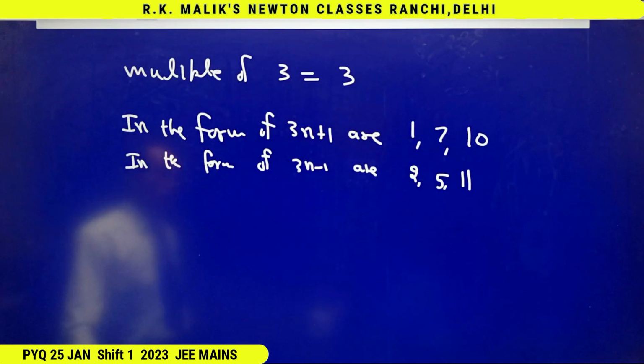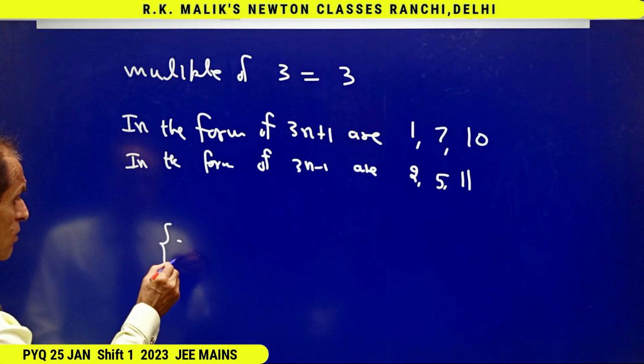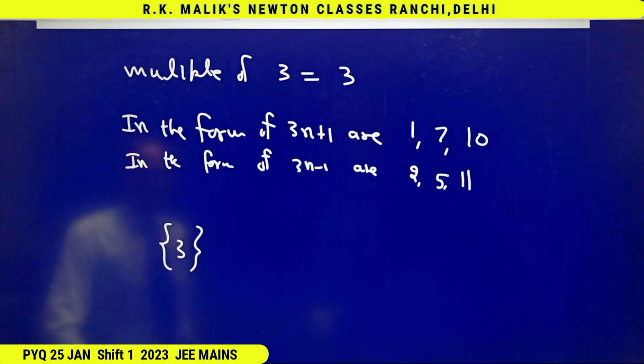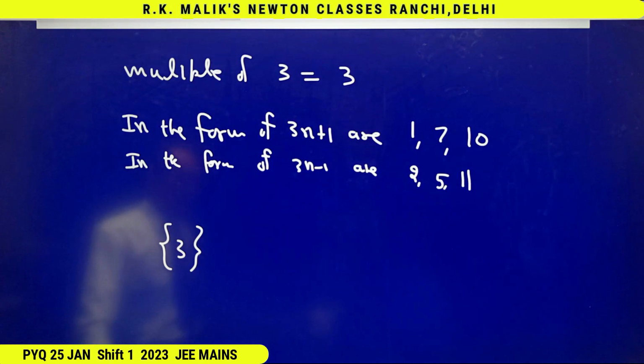First of all, I count the number of subsets having one element, and this is the only set which is a subset of S with sum of the elements a multiple of 3. Let us find the number of subsets having 2 elements with sum a multiple of 3.